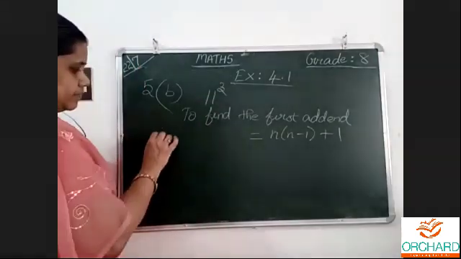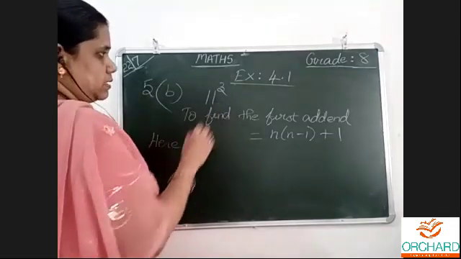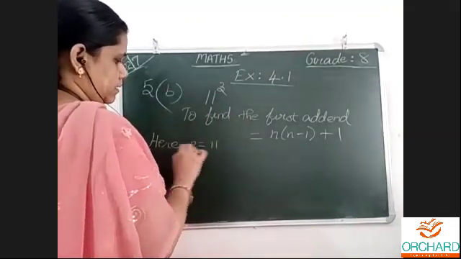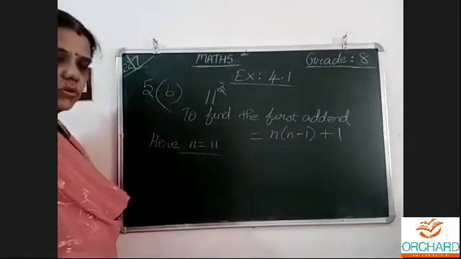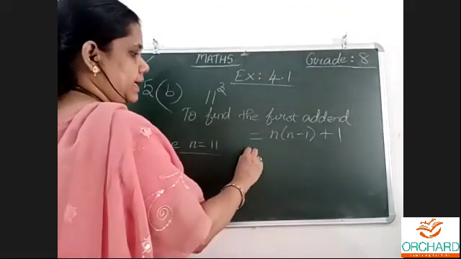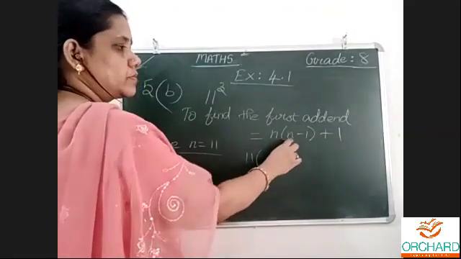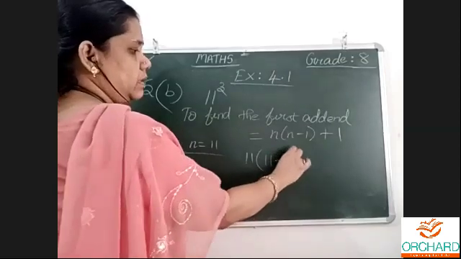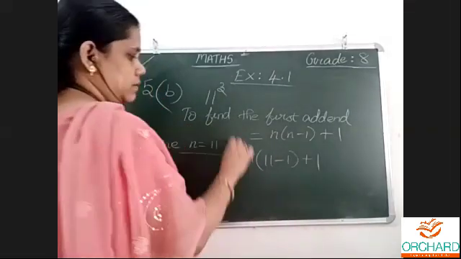So here, for this question, n is equal to 11. I need to substitute 11 into 11 minus 1 plus 1.